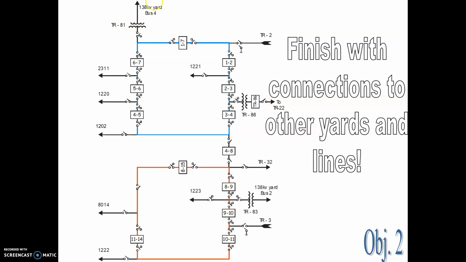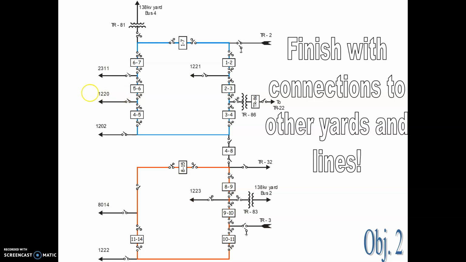The 1 in 81 plus the 4 equals 5. Down here, we have transformer 83, which is the feed to 138 kV bus 2. Again, 2 plus 3 equals 5. You'll notice that some of the disconnects on the lines are motor-operated disconnects, while most of the disconnects on the lines are manually operated disconnects.